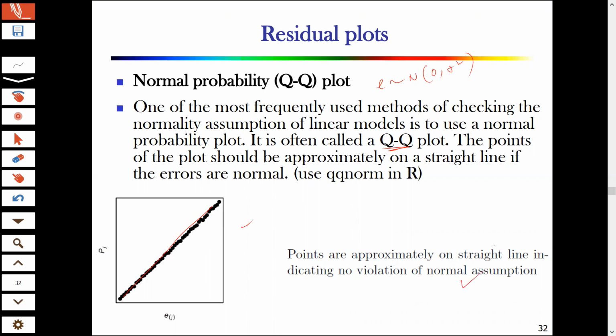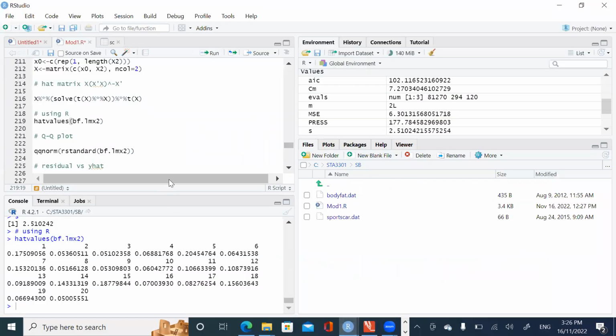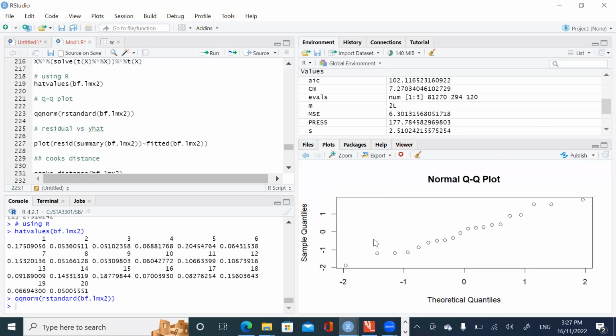Now in R, if you use qqnorm, you will get the QQ plot. For example, in that example we included only x2. This is our model here, and this is our QQ plot.